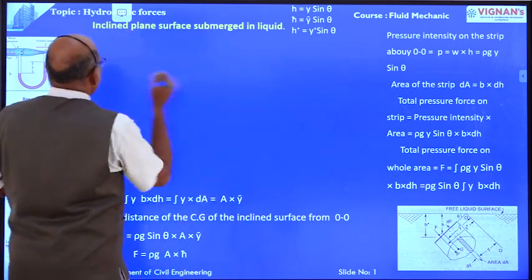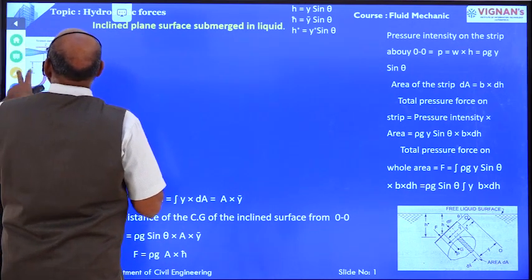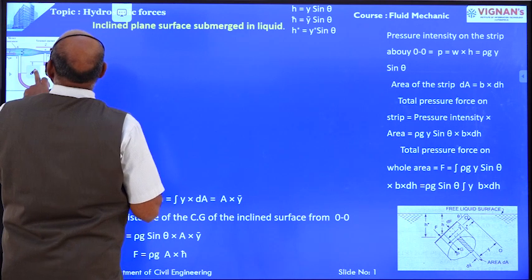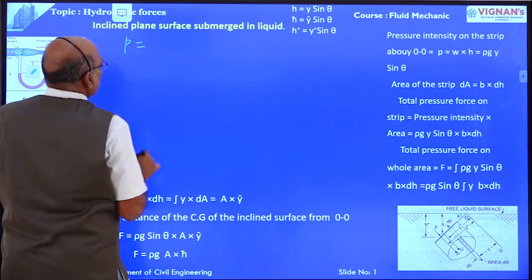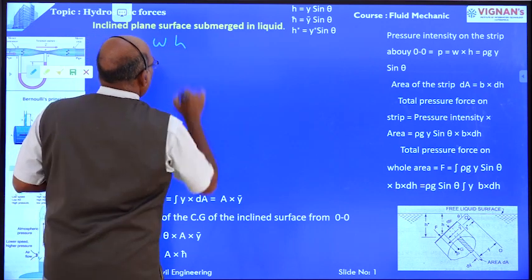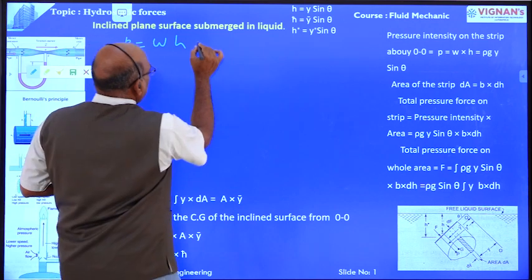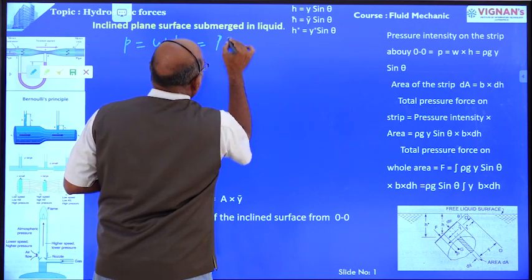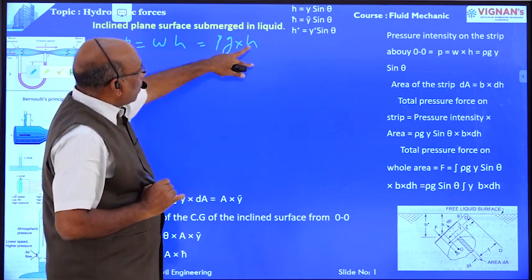Now pressure intensity, same steps that we have followed in the earlier case, same steps here also we are going to follow. Pressure intensity is equal to W into H, unit weight into H, and unit weight is also nothing but rho g into H. But here H is also nothing but what?